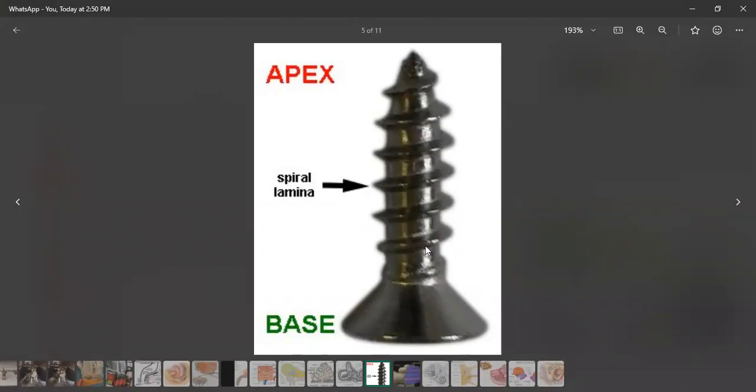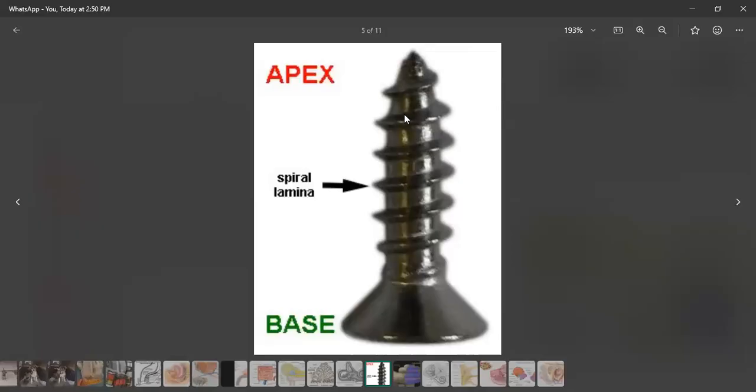Then this modiolus has these outward projections called spiral lamina. These are bony plates, outward projections of the modiolus, and the membranous part of the cochlea is located on this spiral lamina. It will spiral around it.